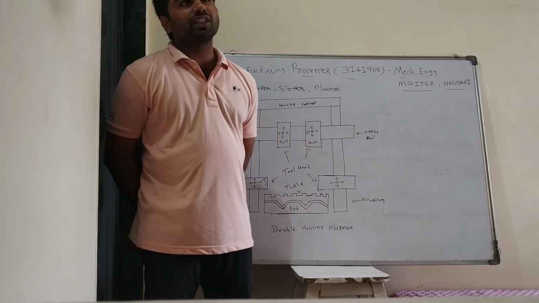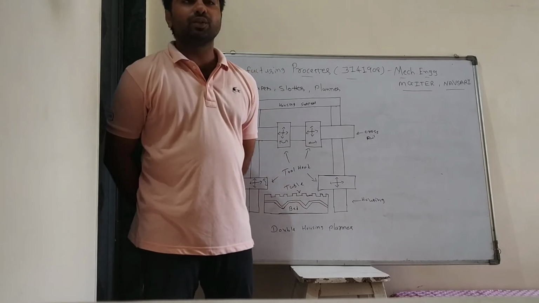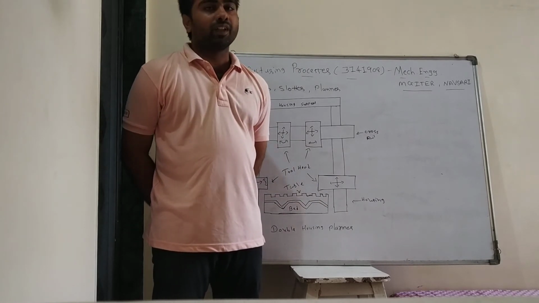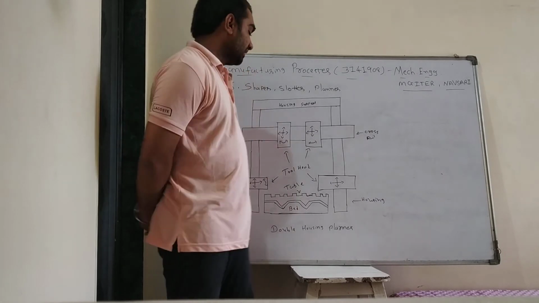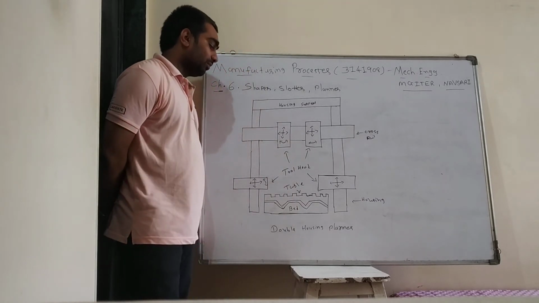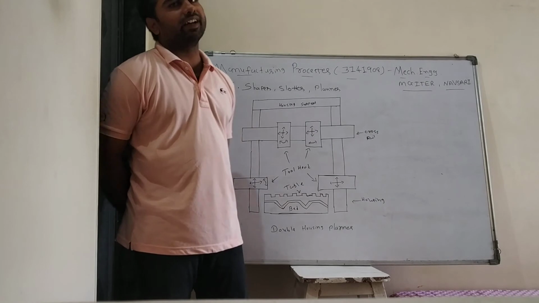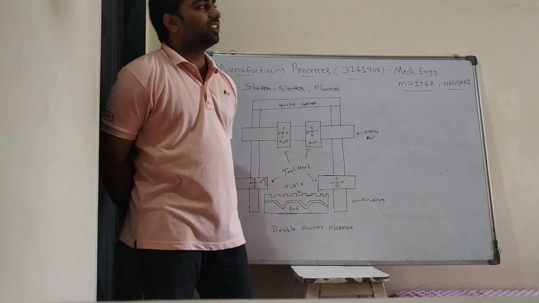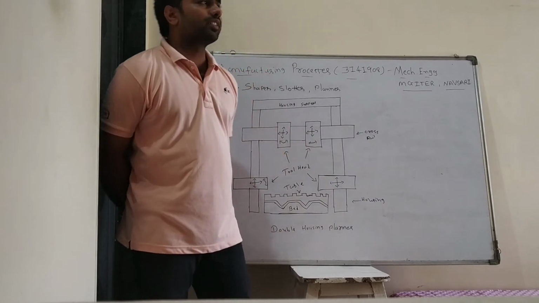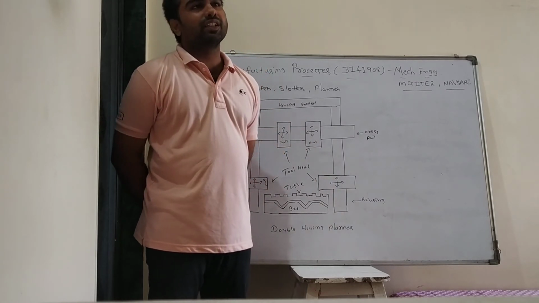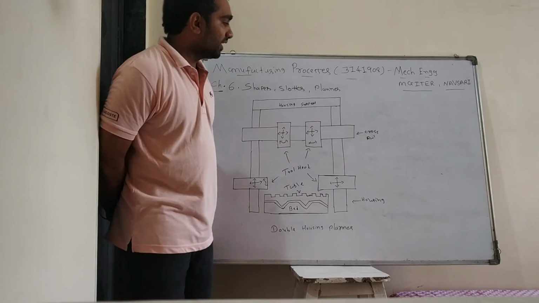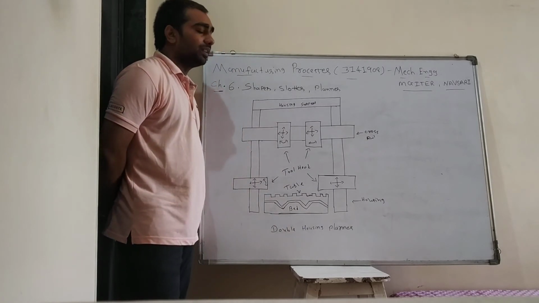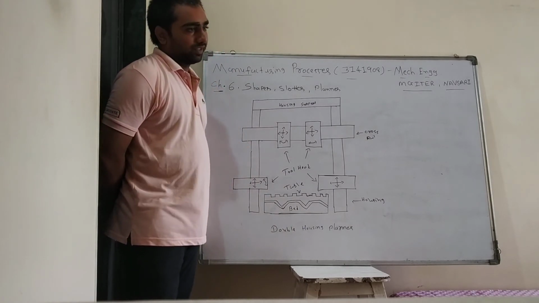Next, in the shaper machine there is only one tool post head. In this planer machine there are a number of tool heads available. Next is the size: the shaper machine is very small, and the planer machine is bigger than the shaper machine.